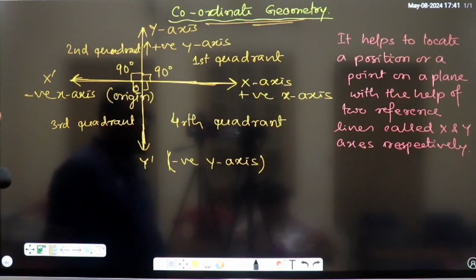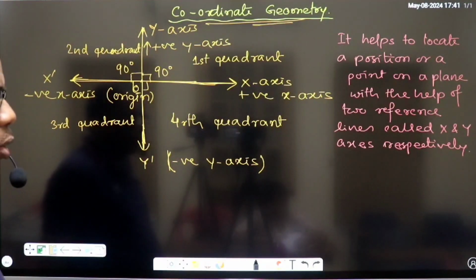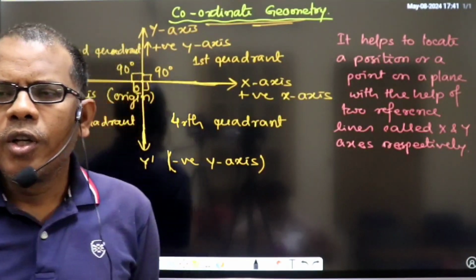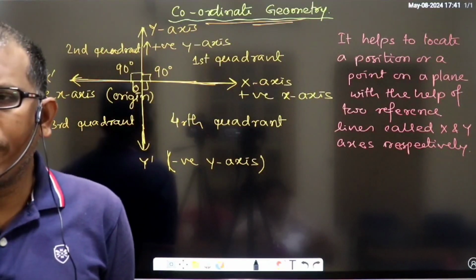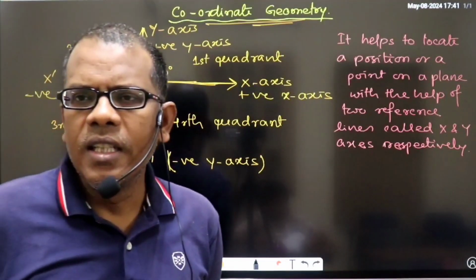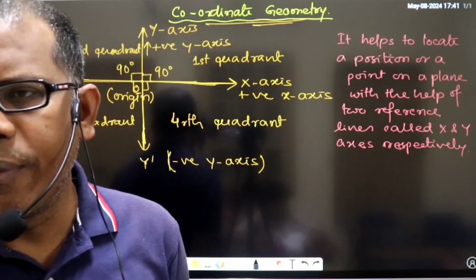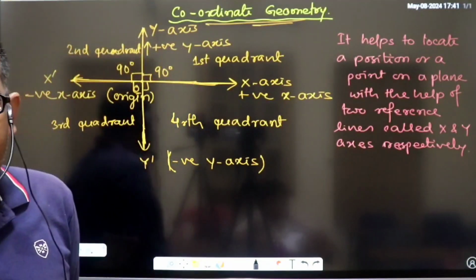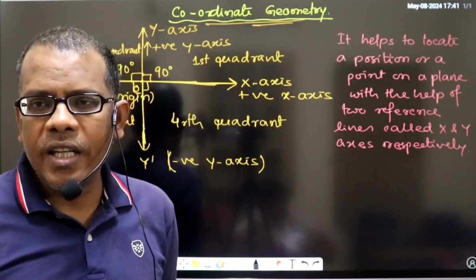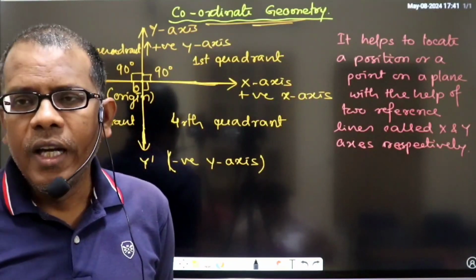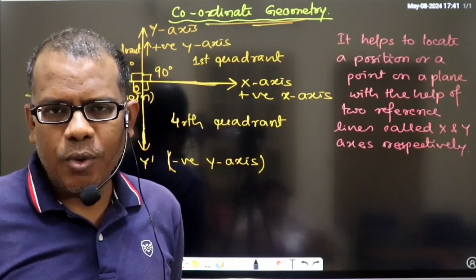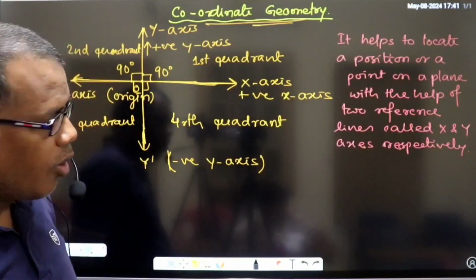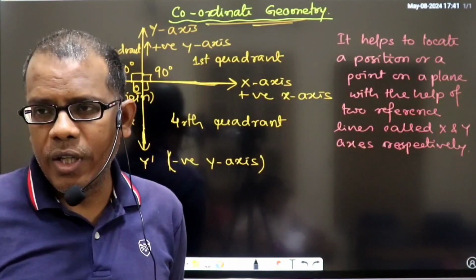Similarly, to identify or locate a position or a point on a plane, we need to take the help of some reference. The x-axis and y-axis help us to locate the point. These two mutually perpendicular lines are referred to as the reference lines to locate a point, either in the first, second, third or fourth quadrant.